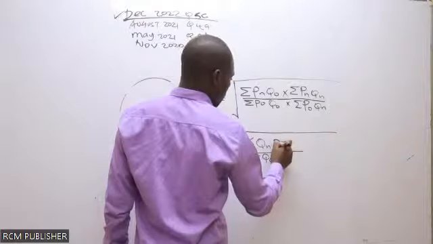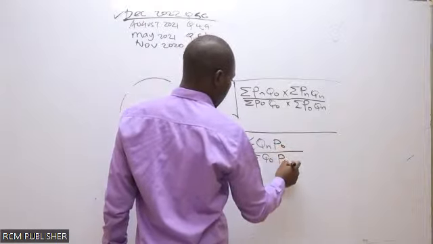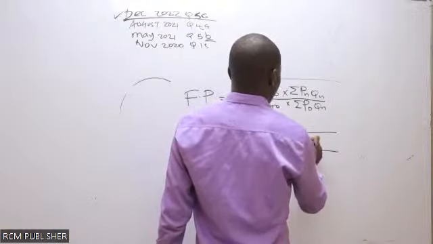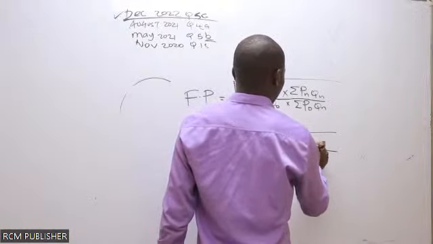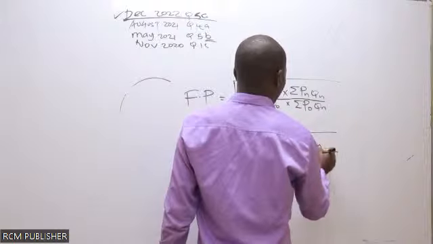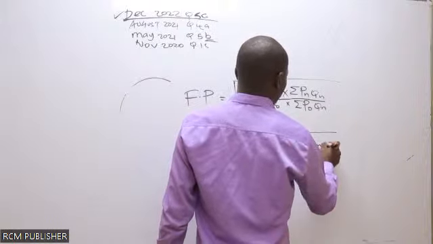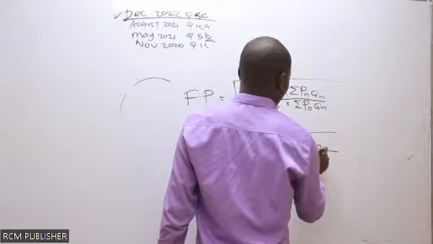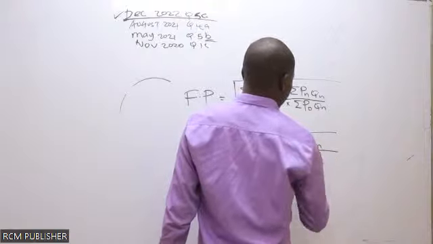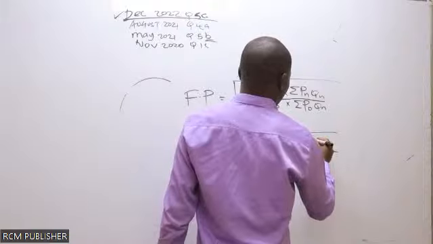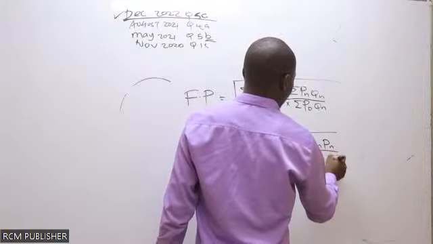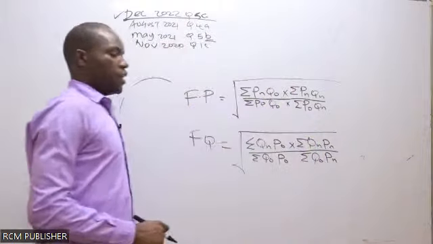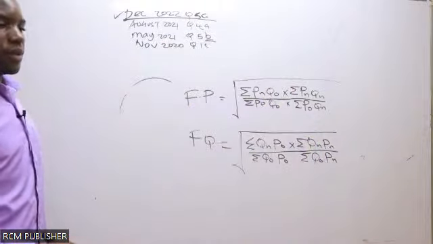So the price of the reference period, you multiply by summation of quantity of the current period, then divide by summation of quantity of the previous period, but then the weight is going to be the price of the current period. And then you have your answer.